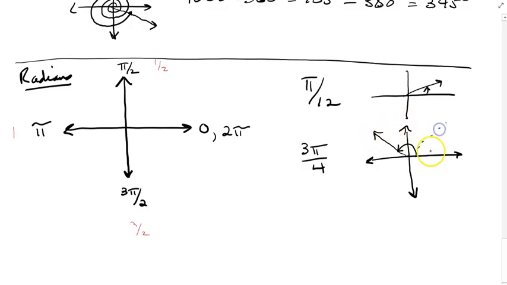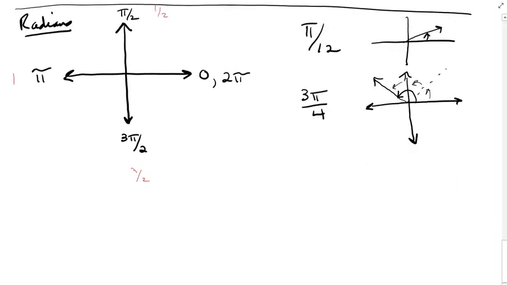So you could have, oh, there's pi over 4, there's pi over 4, there's another pi over 4. That's 3 pi's over 4. So how you want to start thinking about these angles is really up to you. And just do what you need to be able to draw angles in the right quadrant.